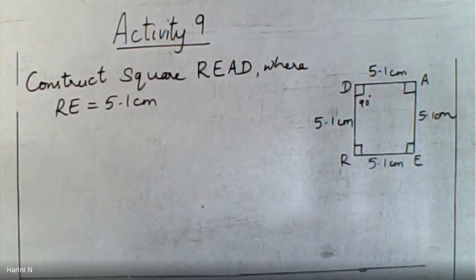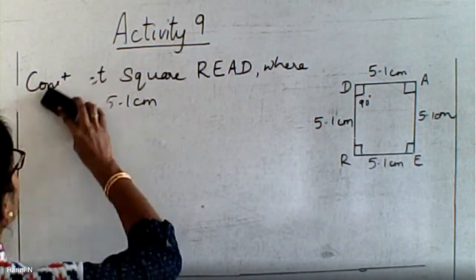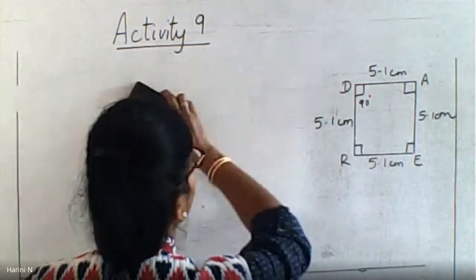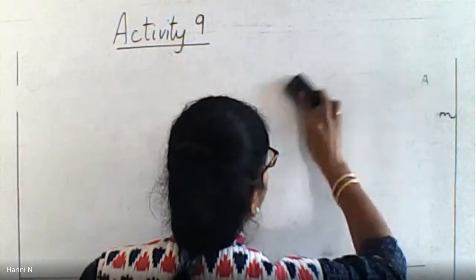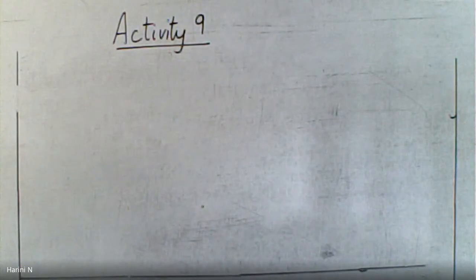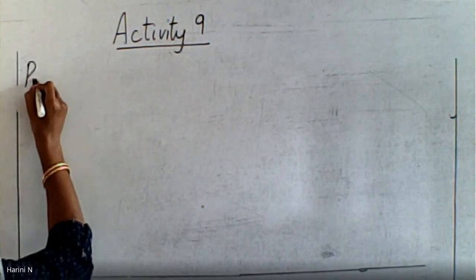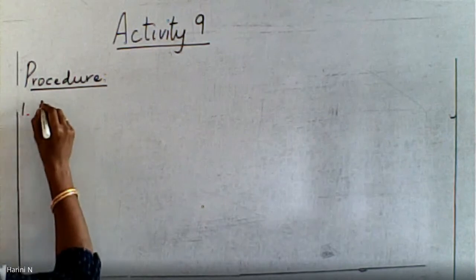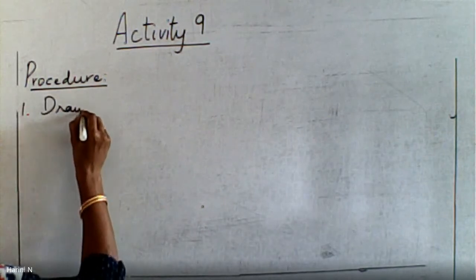So you will be telling me the steps of construction now. Okay, start procedure. Ma'am, first step is draw a rough figure of square REAB. Yes. Draw a rough sketch of square REAB.